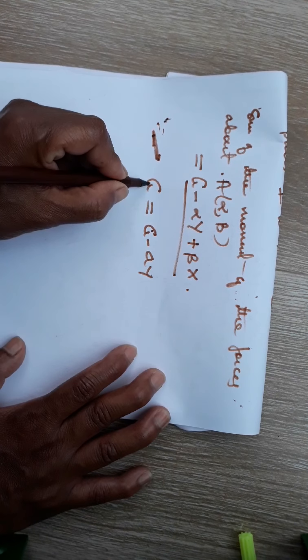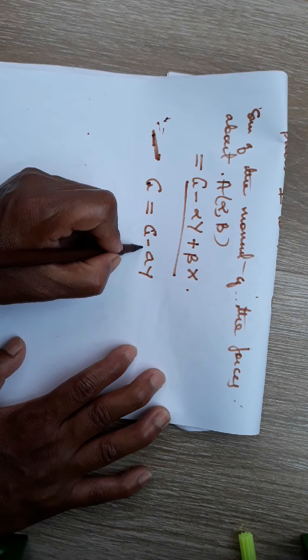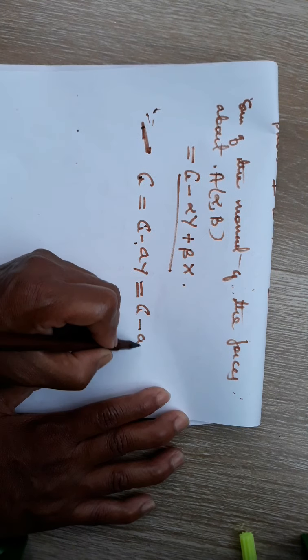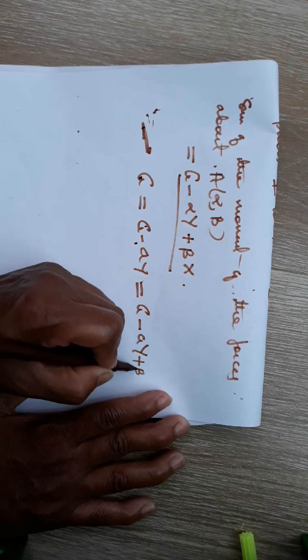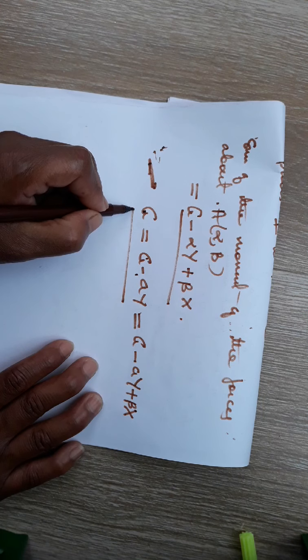This is the sum of the moments of the forces about one point, this is about another, and this is the same as the sum of the moments about the point A. So compare first these two.